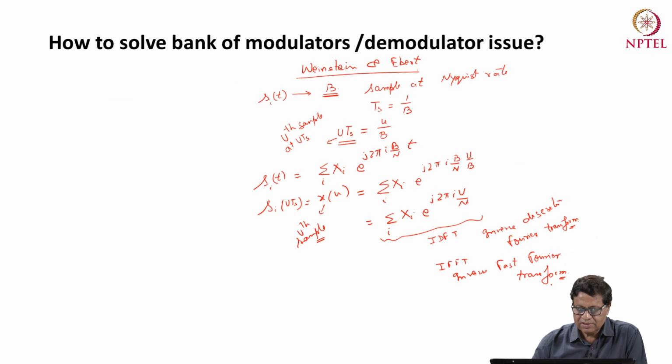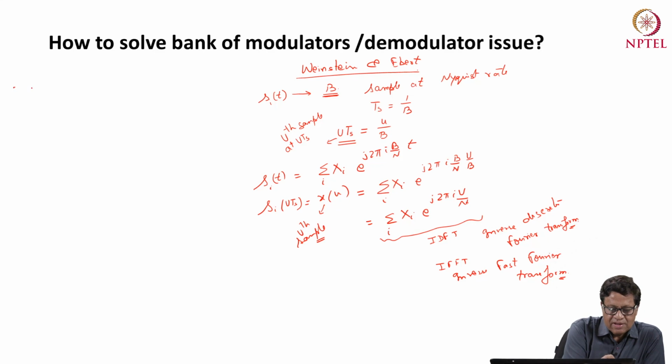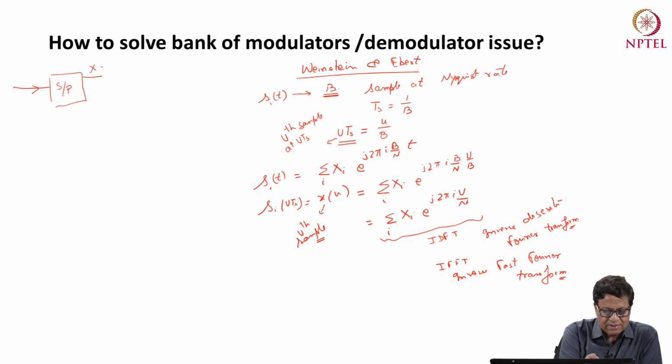So let us make the block diagram. The block diagram will get slightly modified, and maybe we can make it here. So this is your data stream, and then you do serial to parallel, and these are the symbols X0 to Xn-1, or the constellation points in the signal, and then you have the IFFT.